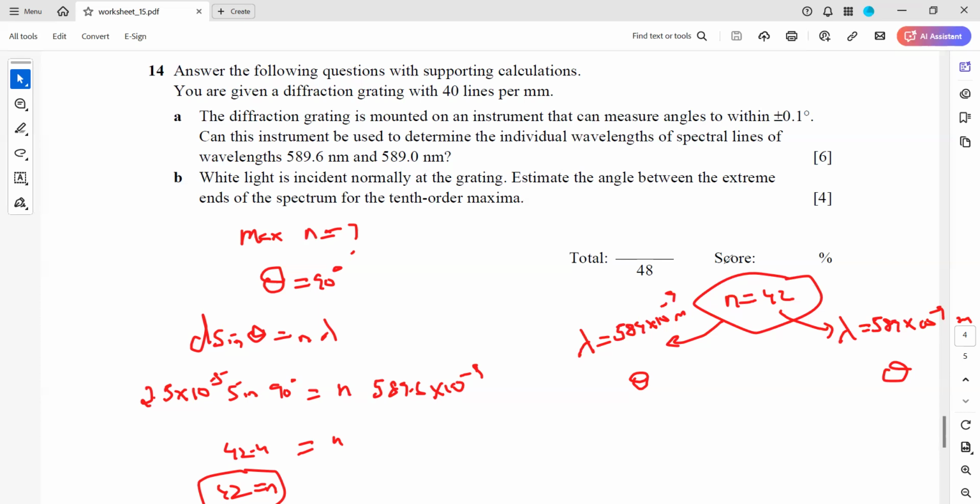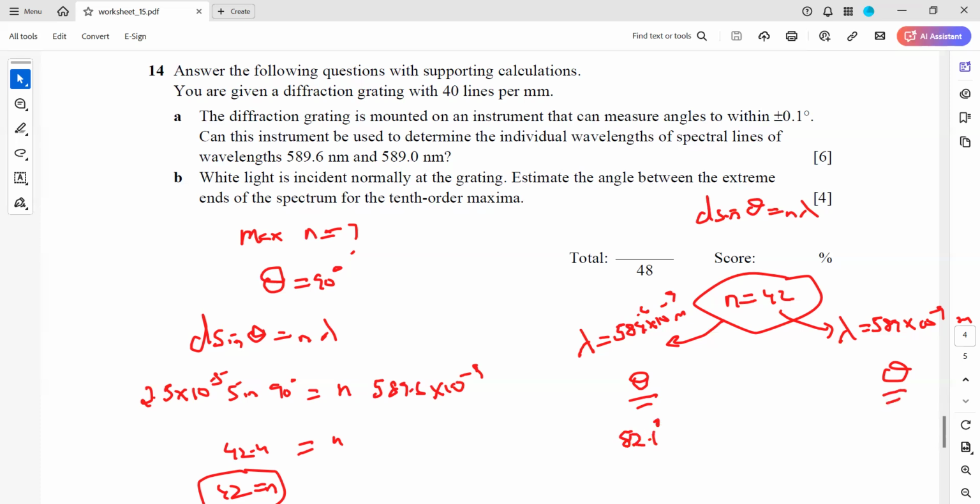Now, can we distinguish from the maximas? Like the maximum pattern, can we distinguish that? So what is the theta for this one? Use the formula d sine theta equals n lambda. What is the value for theta? Substituting 589.6 times 10 to the power minus 9, this is giving you 82.1 degrees.